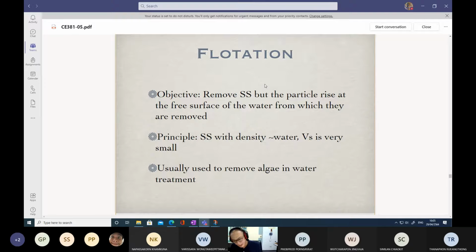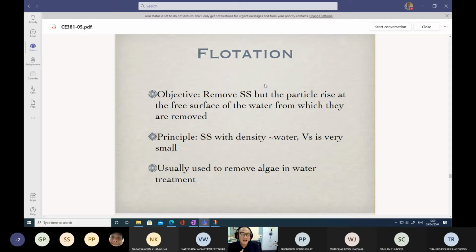We provide air bubbles. These air bubbles get attached onto the surface of the light suspended solids, which can make them even lighter.